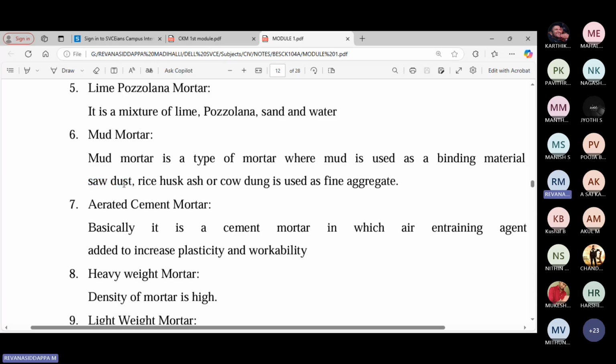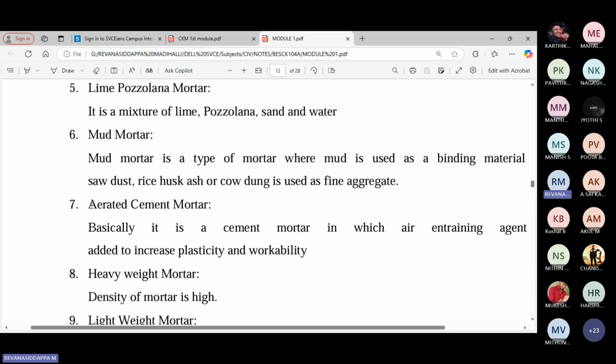Along with the mixture of soil and water, if we add sawdust or rice husk, the strength or binding ability of that mortar will increase. Therefore mud mortar is the mixture of soil, water, and rice husk, sawdust, or cow dung.